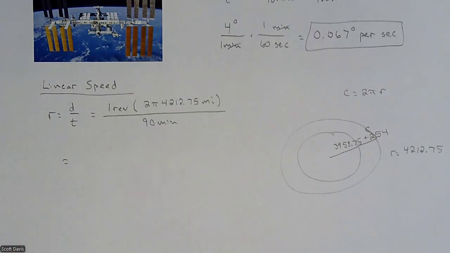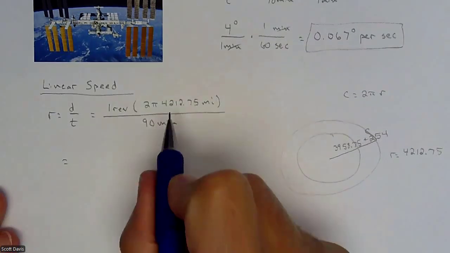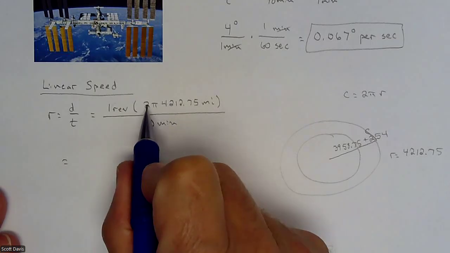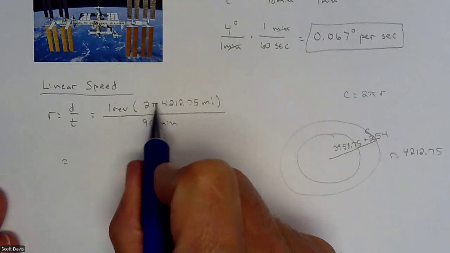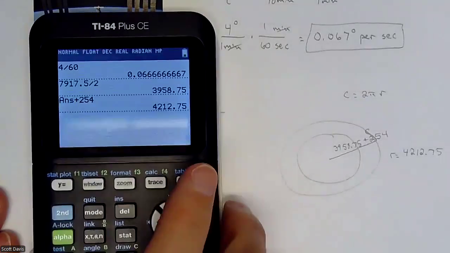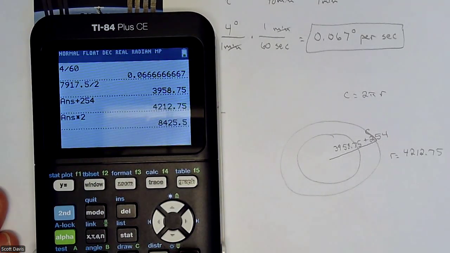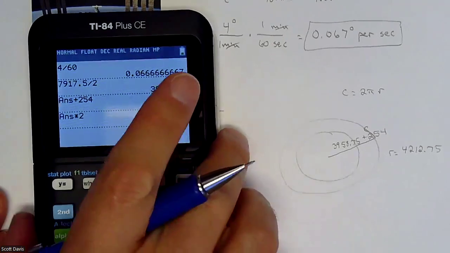All right, so let's try to figure this out. And eventually I'm going to throw this all into the calculator, but not quite yet. I'm just going to do a little bit of cleanup. I'm going to take this value and multiply it by 2. So 8425.5.